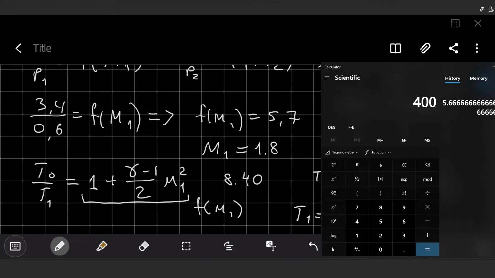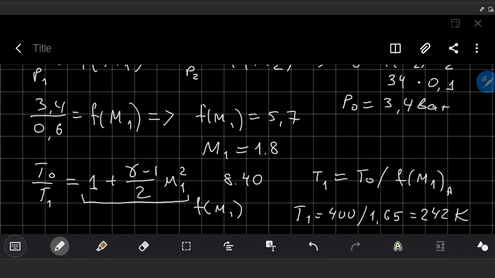We have 400 divided by 1.65 is 242 Kelvin. Do not forget, very important thing, that this is an isentropic relation. If you calculate temperature, you must use only Kelvin. You cannot use degrees centigrade, etc., because the ratio will not be correct. Just transform the temperature you have to Kelvin and then perform all the calculations. So 242 Kelvin at point 1.